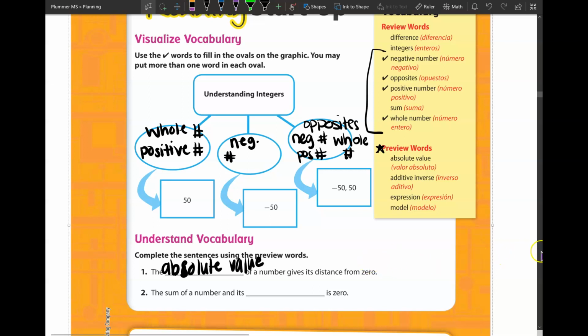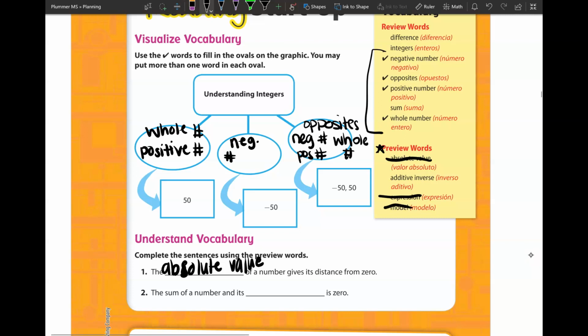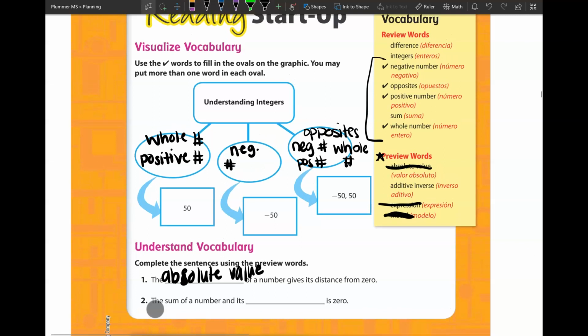The sum of a number and its expression is 0? No, that doesn't make sense. The sum of a number and its model is 0? No, that doesn't make sense. So the only thing that can fit is additive inverse. And if you don't know what that means, that's okay. We are going to be learning about it. So the sum of a number and its additive inverse is 0.